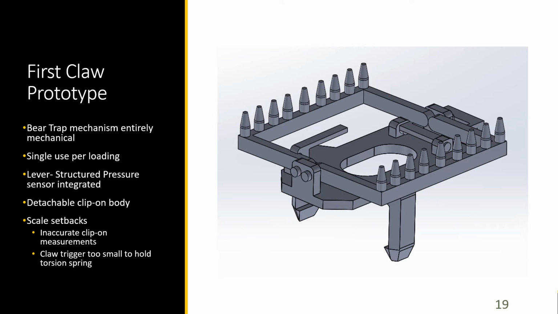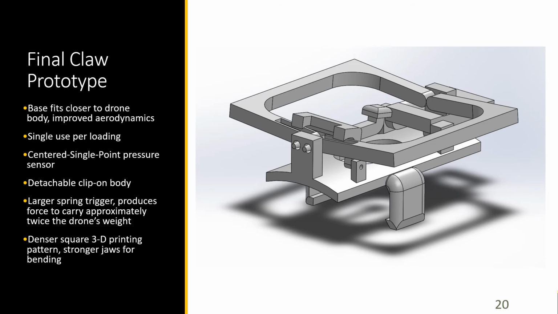Another setback is that the claw trigger mechanism was too small, as I said, and this also made the whole structure too weak to hold anything that we wanted to lift. The final claw prototype, or the current claw prototype, still has the same mechanism, and a similarity to the first prototype is that it's still single-use preloading, so you need to reload it every time you use it.